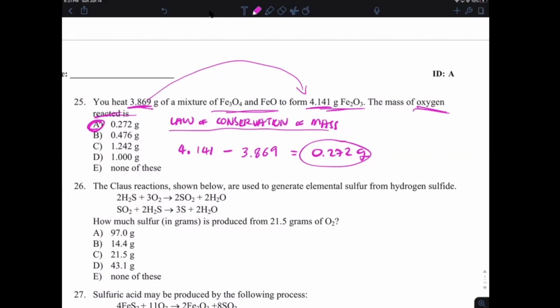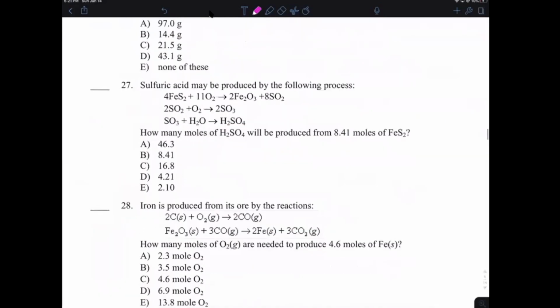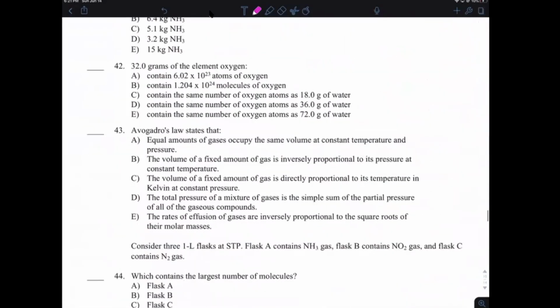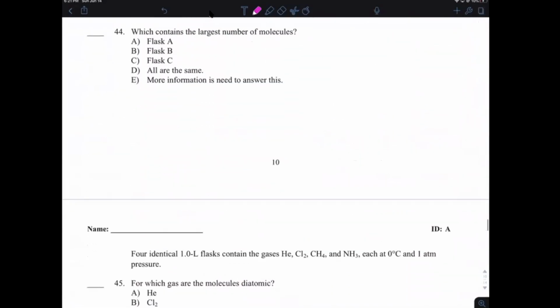Is 44 D? I'm not sure, I'll check. So for 44, which contains the largest number of molecules? It gives us these different gases.